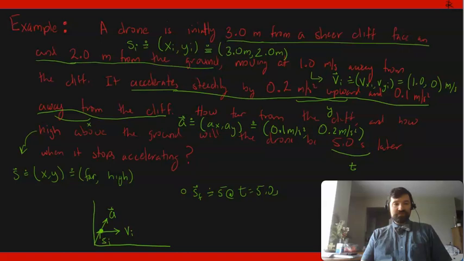So I'm trying to solve for that. So what I basically do is I can set up my system of equations, and I'm trying to solve for S final. So I only need the x and y equations.